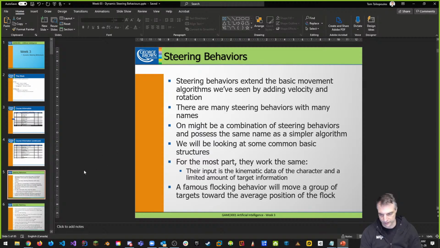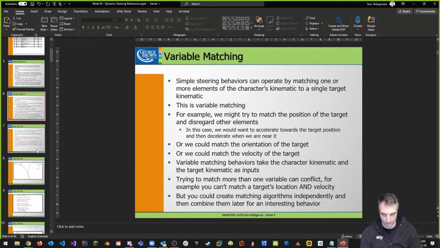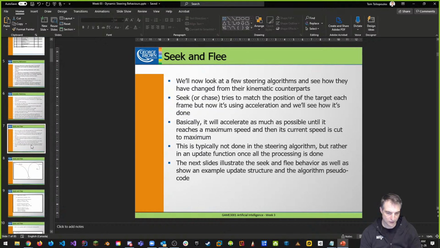There are many different steering behaviors that we're going to look into. One of the things that we've seen before is seek and flee. Seek is sometimes also called chase. Again, what we're trying to do is match the position of the target each frame.